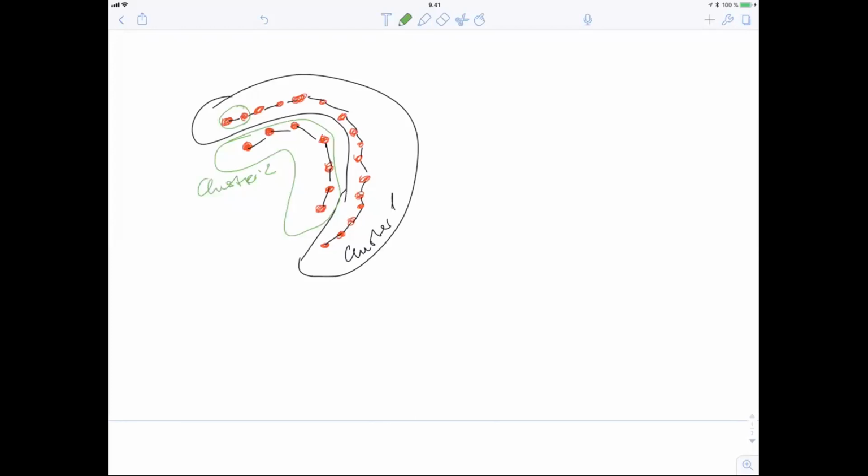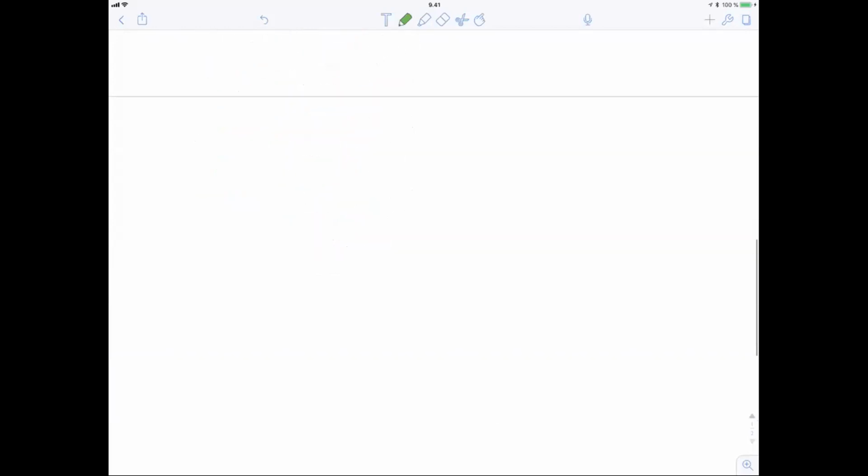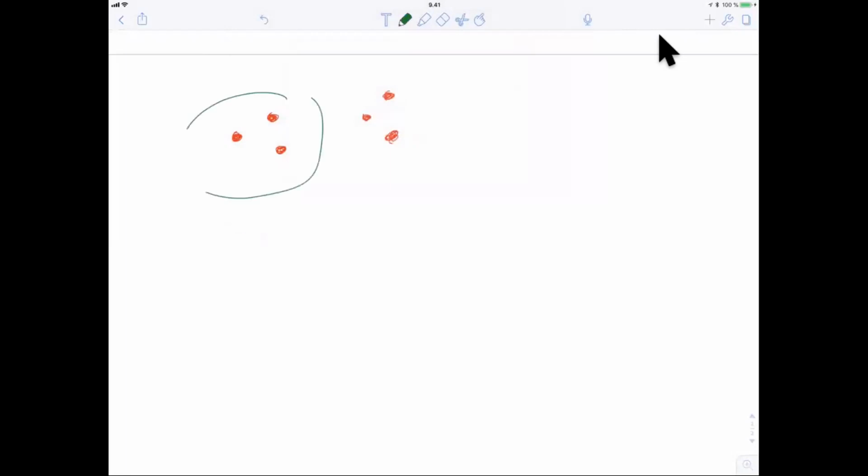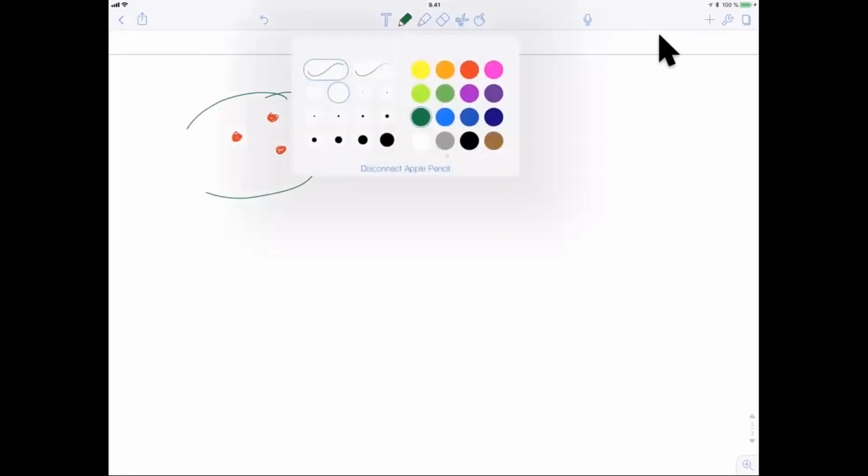Okay, let me show you another example. So let's say we have a data set that looks like this. How many clusters would you spot here? Yeah, two, because this could already be identified by K-means. So K-means would maybe have delivered those two clusters.